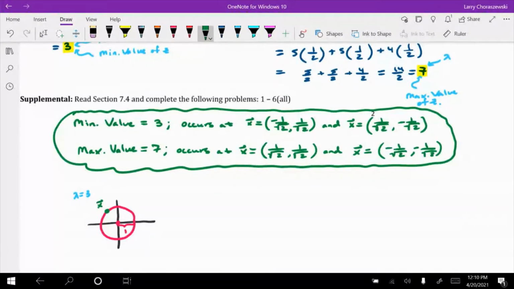Now, due to symmetry, there's going to be another point that helps us find a minimum value, and that would be on the opposite side of the unit circle. So in this first instance, at 3 pi over 4, we've got negative 1 over radical 2, comma 1 over radical 2. And due to symmetry, across the other side on the unit circle, we'll have another solution.